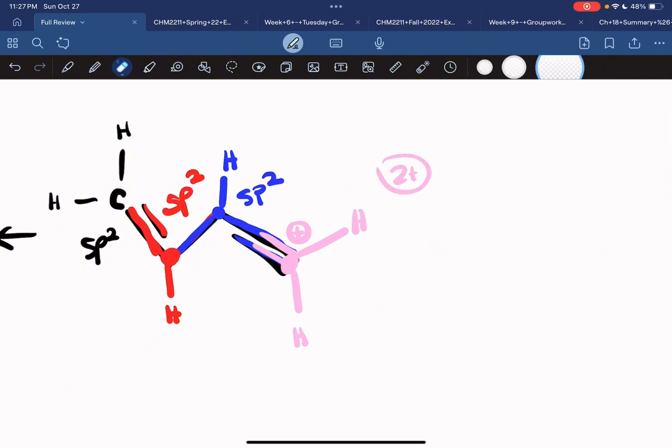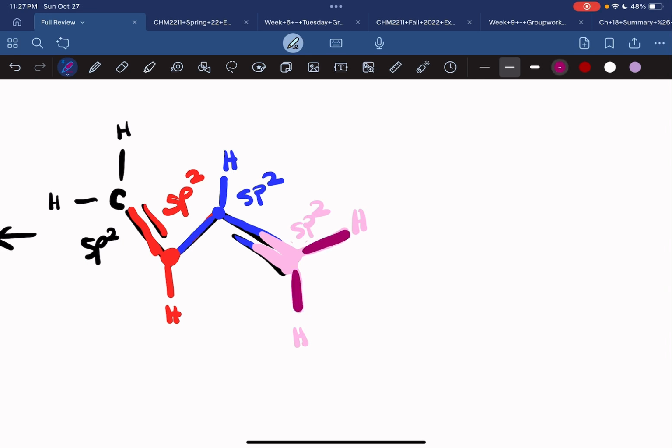You would never see something like that in organic chemistry. So with that being said, we're classifying this carbon as sp2 since it does have a pi bond, and the pi bond itself counts as 1 bond, and then it has 2 hydrogen bonds, and those each count separately, so it's sp2.